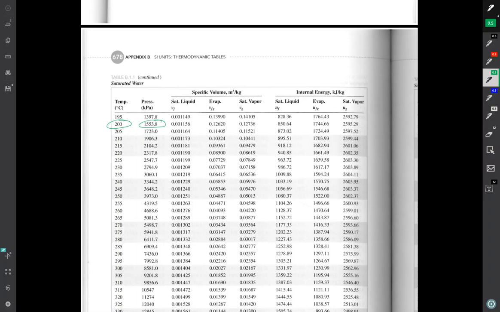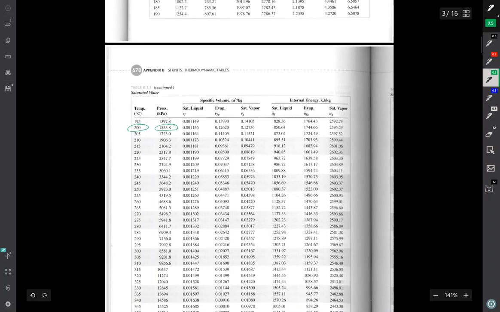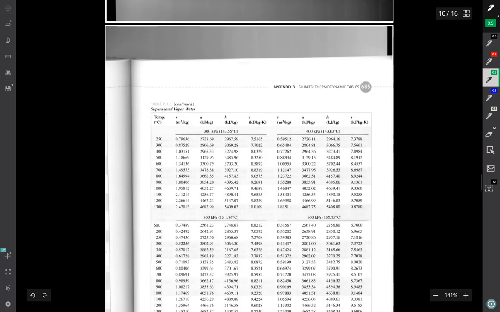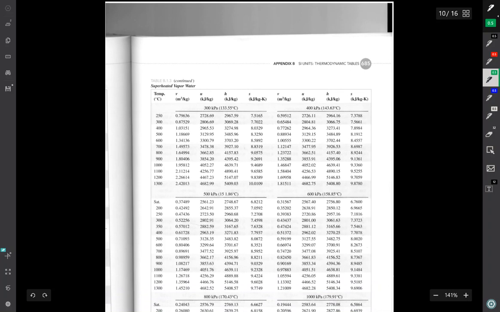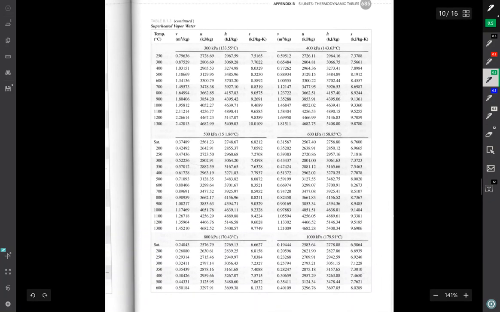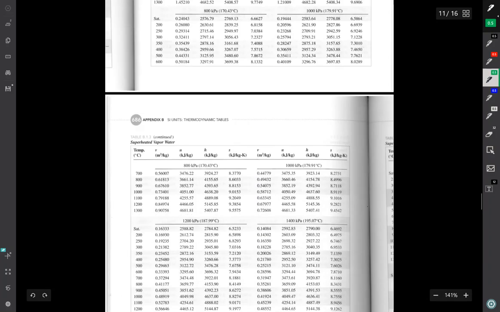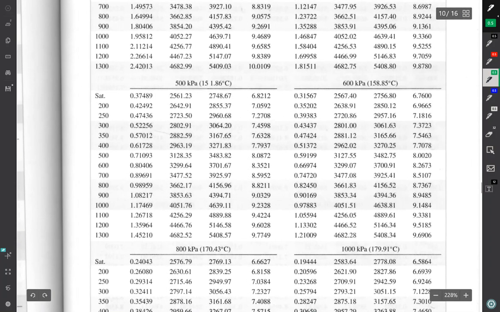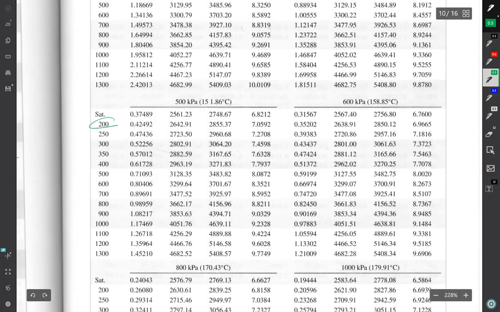So now we know we need to go to the superheated vapor tables. So we'll scroll down to, I believe this is superheated water vapor. So now we're looking at 200 degrees and 600 kilopascal, and we're looking for H. So we have over here 200 degrees, so that's this column, and here is 600 kilopascal.